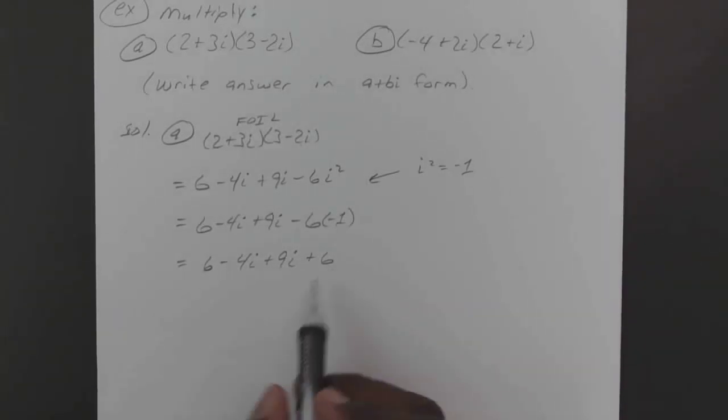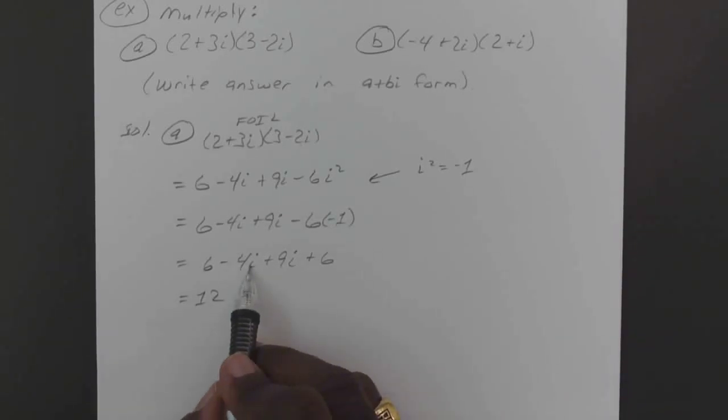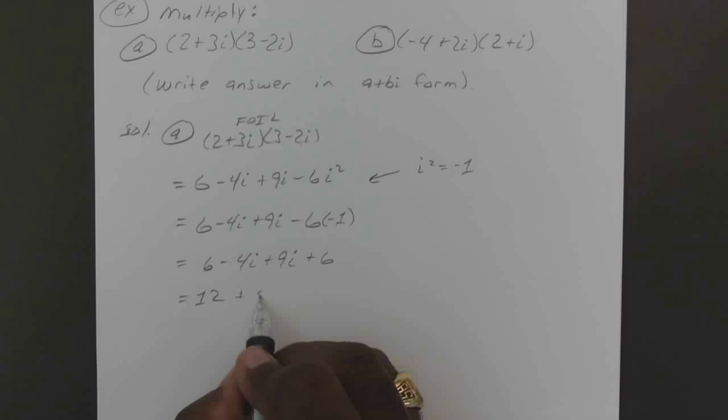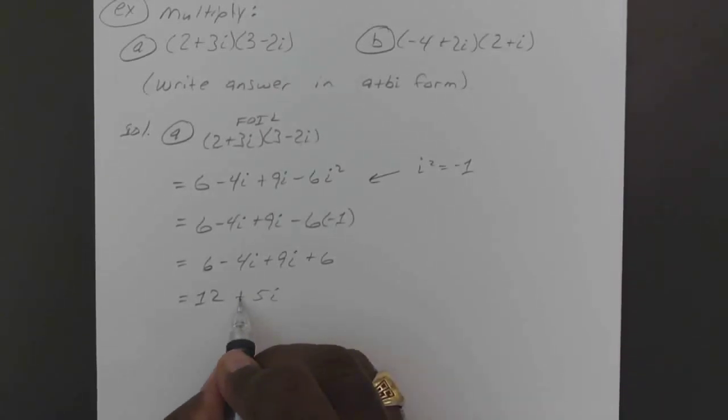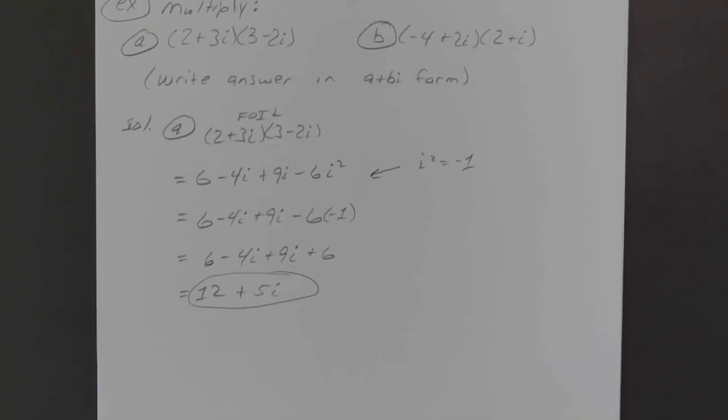So 6 plus 6 is 12. Negative 4i plus 9i is 5i. So it's in the a plus bi form. All right, and I'll give you a minute to start on B.